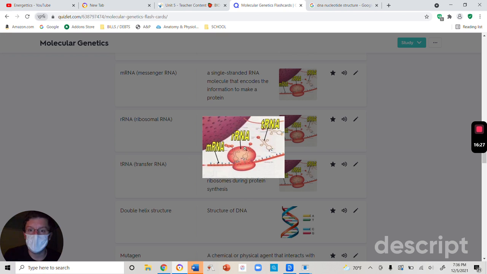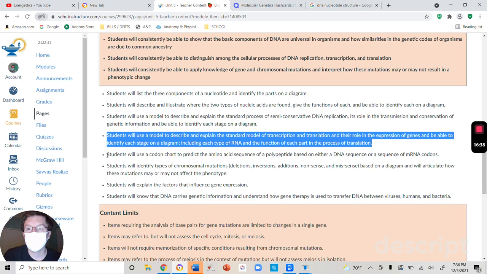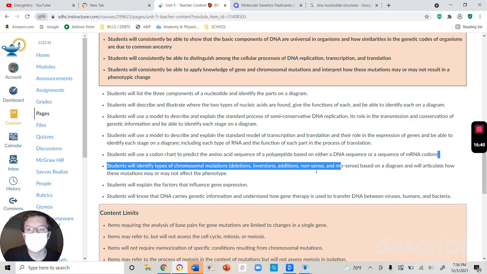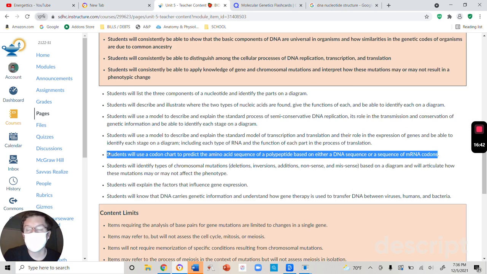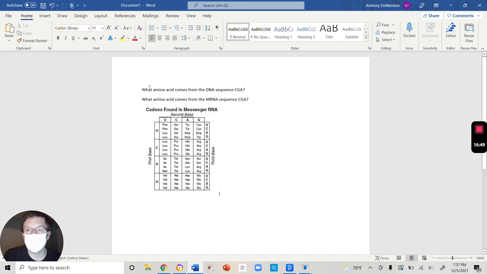And again, like we talked about earlier, the ribosome reads the messenger RNA, guiding the transfer RNA to form these proteins from these amino acids. You'll be able to use a codon chart. Now, there is a question every year, and it always gets students. All right? So I'm going to share it with you right now.